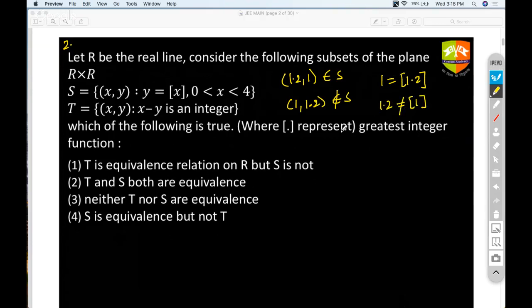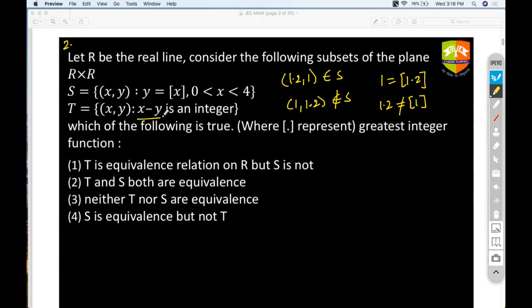So the symmetric relation is violated by the set S, and therefore S cannot be an equivalence relation.